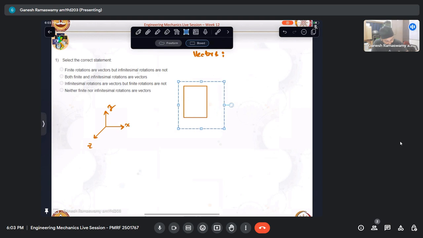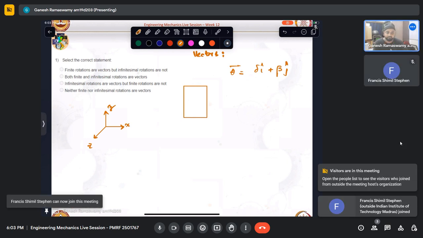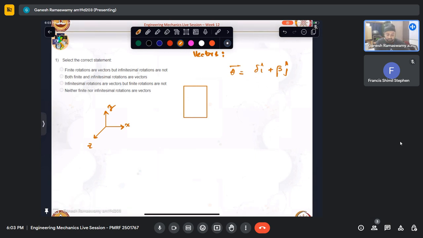If I were to operate on it by some vector, let us say the rotation I introduce is delta i cap plus beta j cap, and I introduce this rotation in parts.